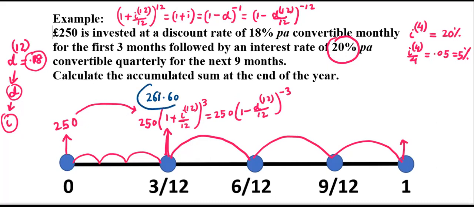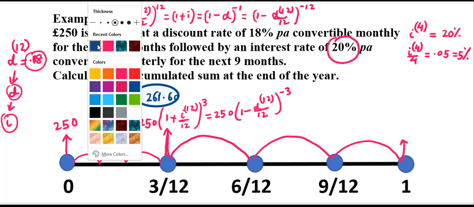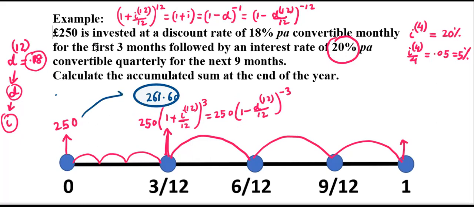Once you get this value here, then from this one, you can go from here to here, and from here to here. When you find the accumulated value after 3 periods, power will be 3.